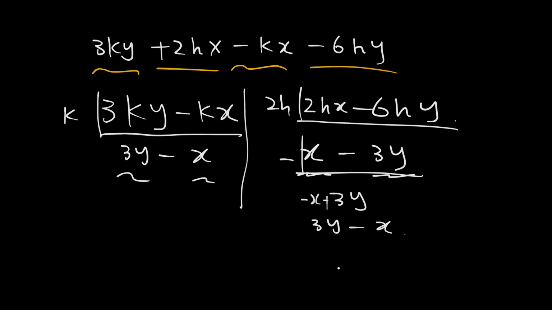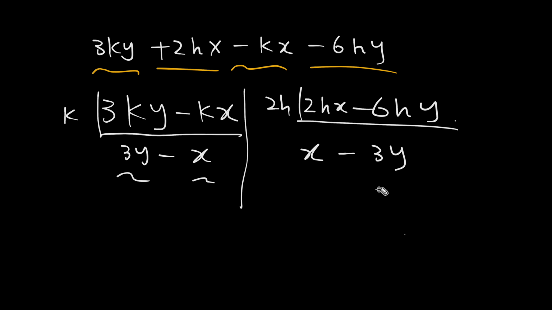Another way to look at this is this. Once you have the x minus 3y, and over there is 3y minus x, you either get this one into this format, or you get this into this format. If you decide to get this into this format, you need to rearrange this before you continue.